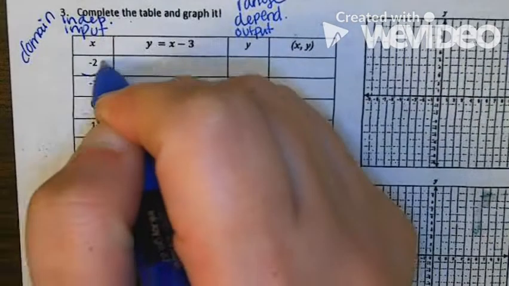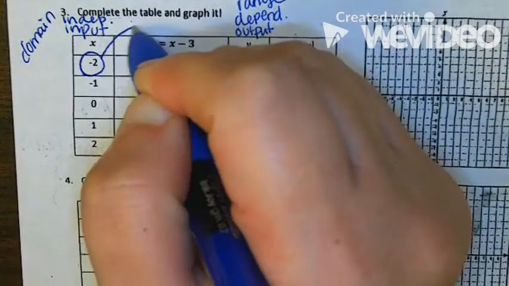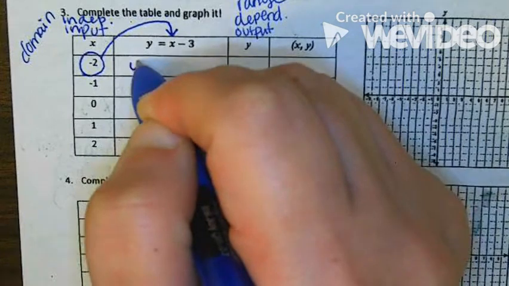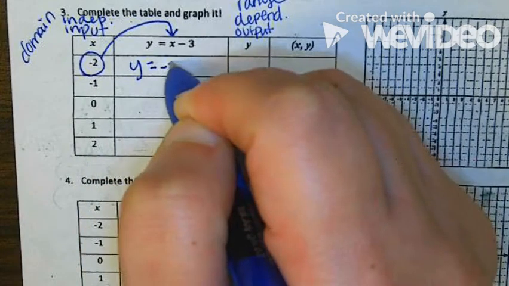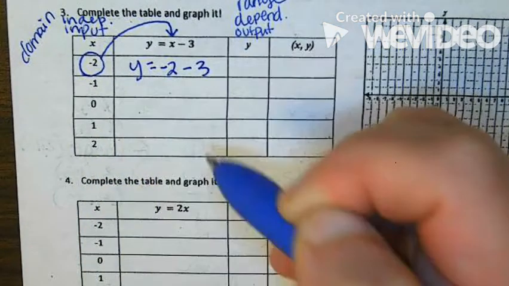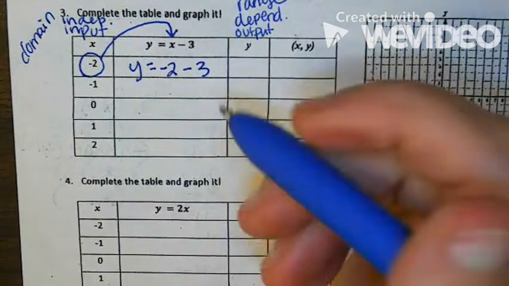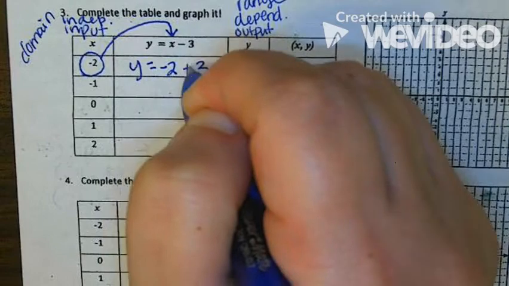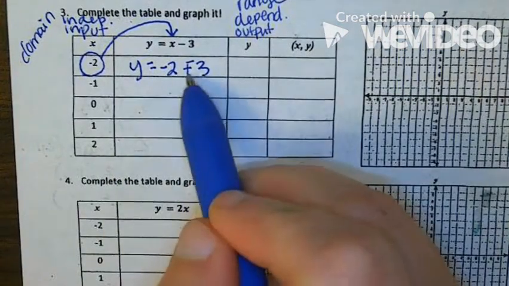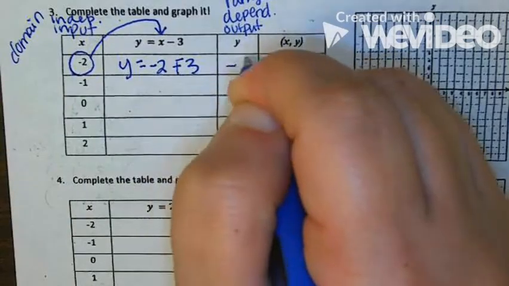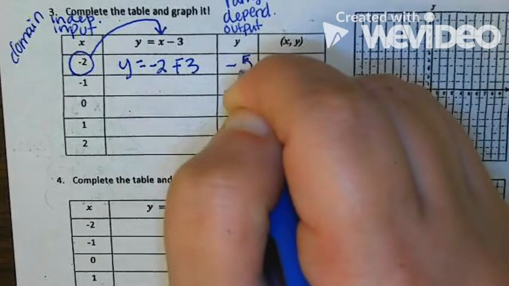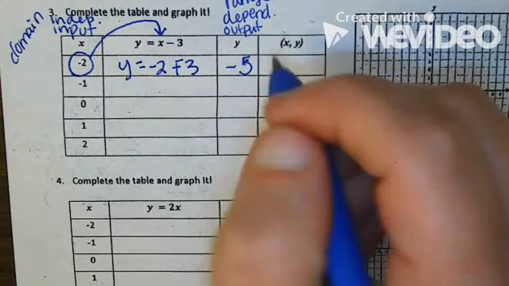So we take our first x value and plug it into our function rule. Y equals -2 minus 3. Keep, change, opposite. A -2 and a -3 make -5.